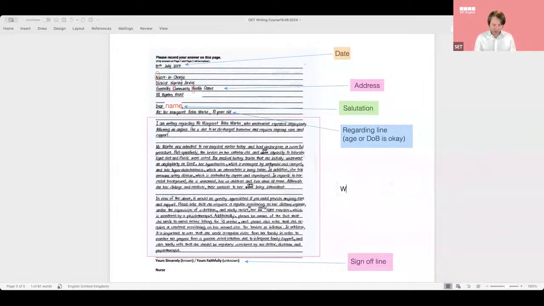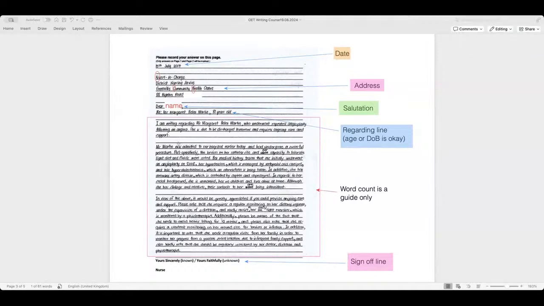What does that mean, guys? Word count is a guide only. Anyone know what that means? A kind of direction, a suggestion.